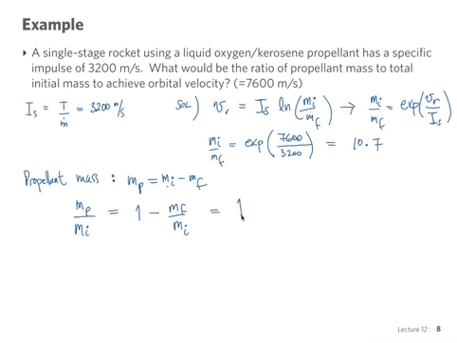So we can calculate 1 minus 1 over 10.7 from our previous result. And then we can put these numbers in the calculator and get 0.906.